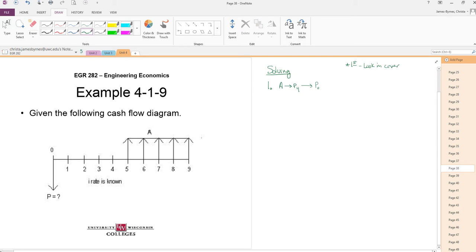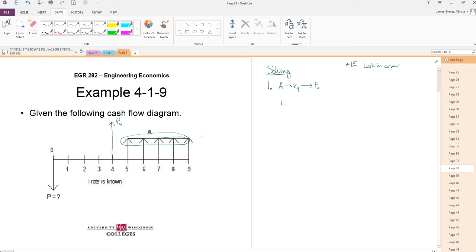Now notice I call that a P. When I move these A's to year 4, that's a P, a present, compared to these annuities. Now, that present is a future.